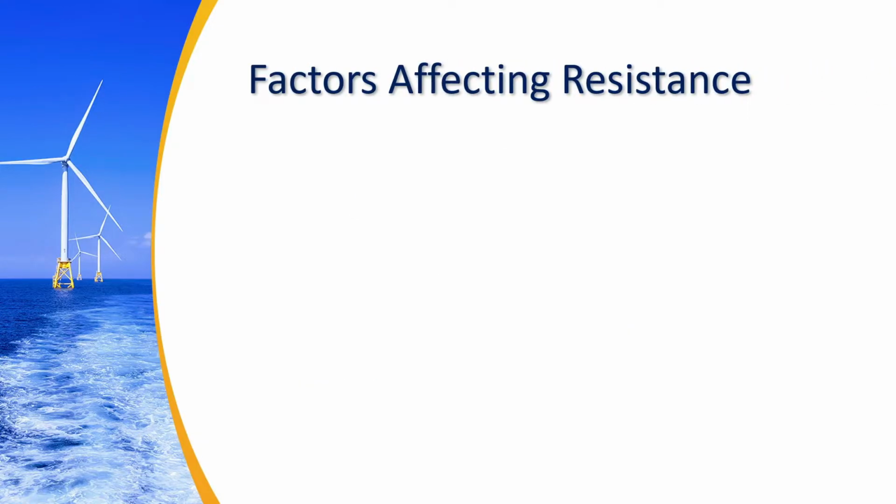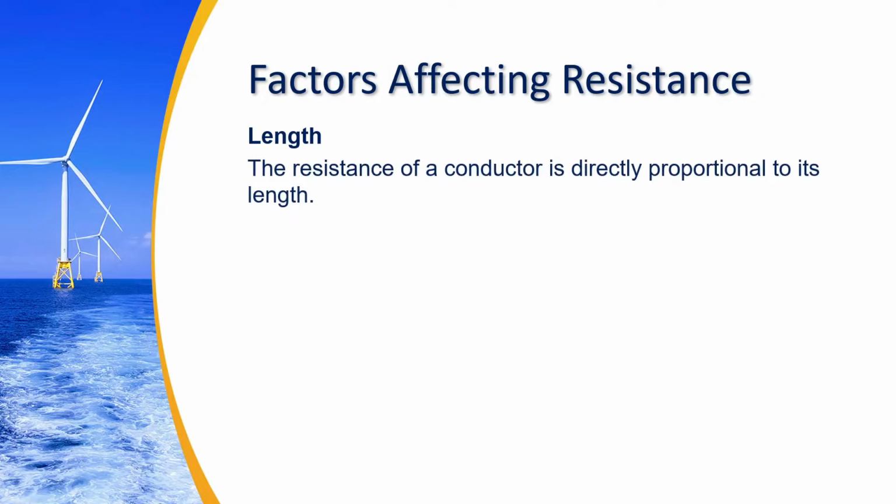Okay? So, ito yung factors affecting the resistance. Sabi ko kanina, yung tatlong nasa formula natin is siyang makaka-apekto rin sa resistance. Ano man yung mag-change sa tatlong yon, mag-change din yung resistance natin. So, unahin natin ang length. The resistance of a conductor is directly proportional to its length.